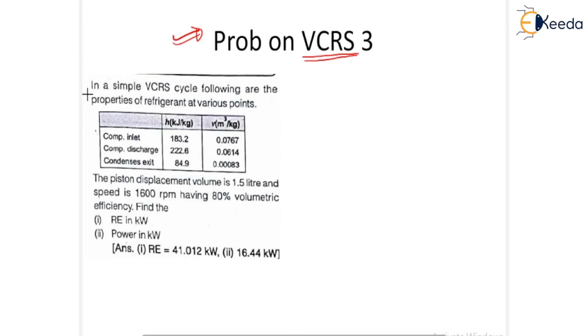So my dear friends, as per the question, in a simple VCRS cycle, the following are the properties of the refrigerant at various points.